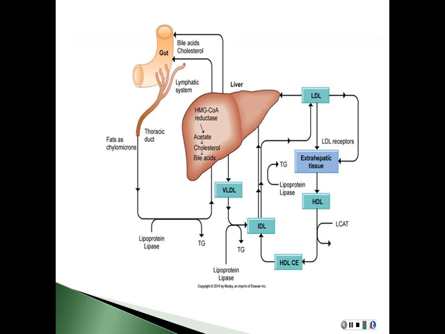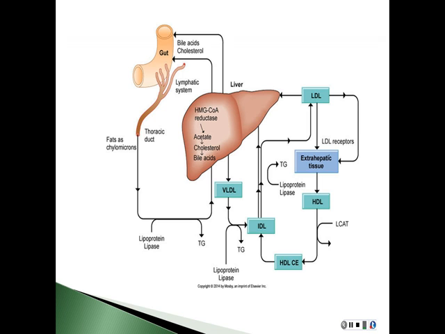The lipids that are not used by the peripheral cells are transferred as cholesterol esters to HDL. And then HDL transfers the cholesterol esters to IDL to be returned to the liver. So the HDL is also responsible for recycling cholesterol.